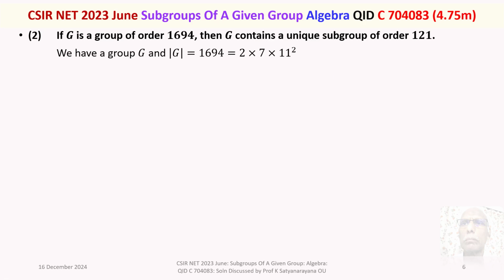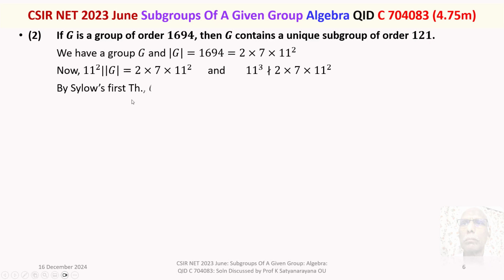Right. Now 11 square divides order of G and 11 cube does not divide order of G. Therefore, by Sylow's first theorem, G has a Sylow 11 subgroup, say H, of order 11 square.